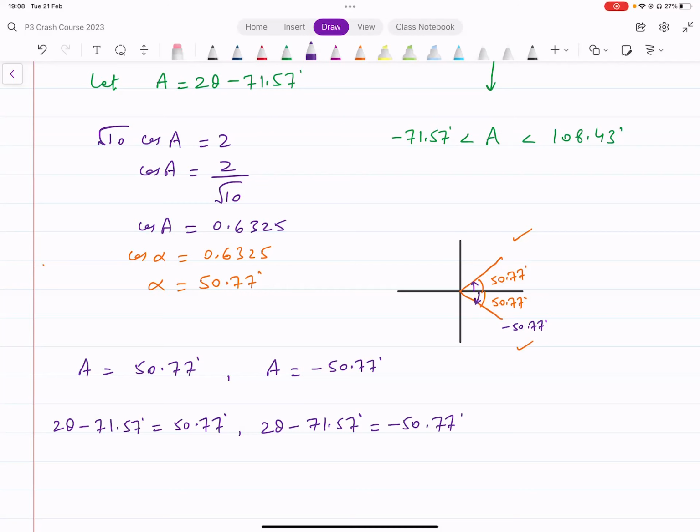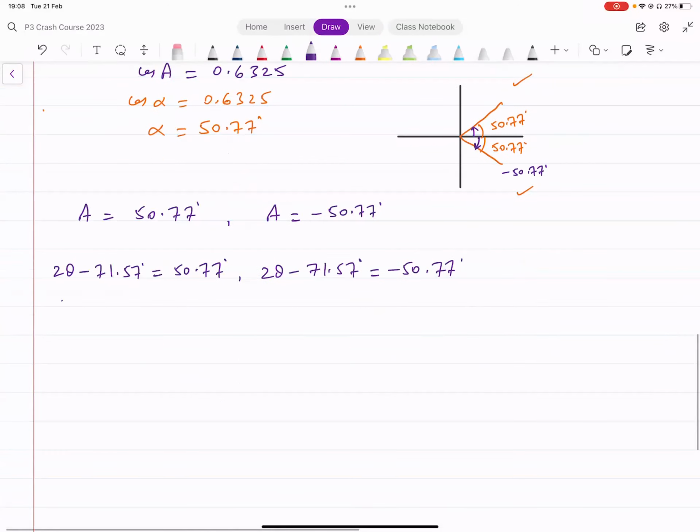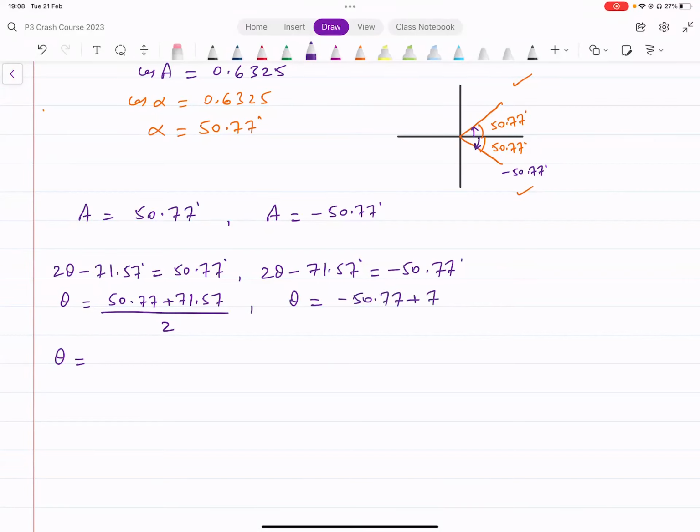You get these two equations, you find the values of theta from this. From the first equation, you get 50.77 plus 71.57 whole divided by 2, and that will give you some value of theta. And then from the second equation, you get minus 50.77 plus 71.57 whole divided by 2, and that will give you another value of theta.